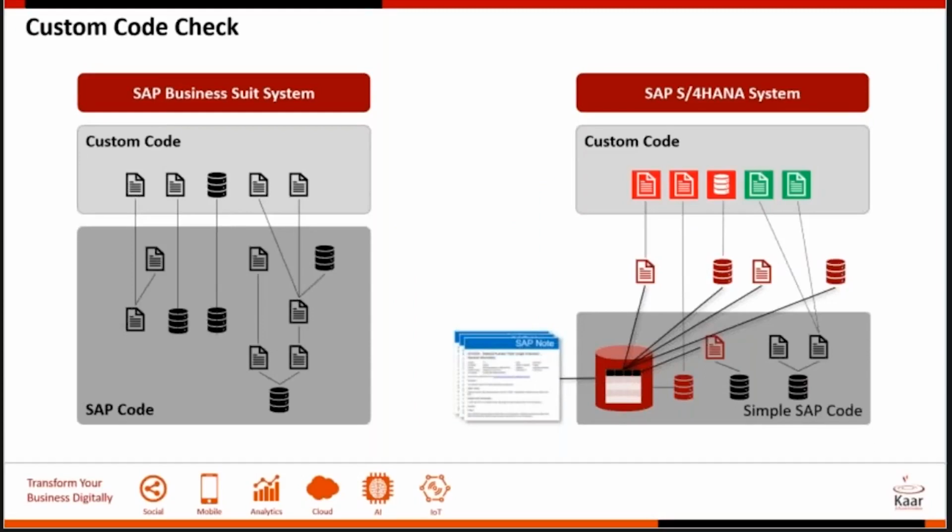But SAP has taken care to keep this change minimal. They have taken measures where they provide you things like CDS views to ensure that the data model changes you have to make in your ABAP code are much fewer. But in spite of it, there would be about 20 to 30% remediation that will have to be done on the ABAP code.